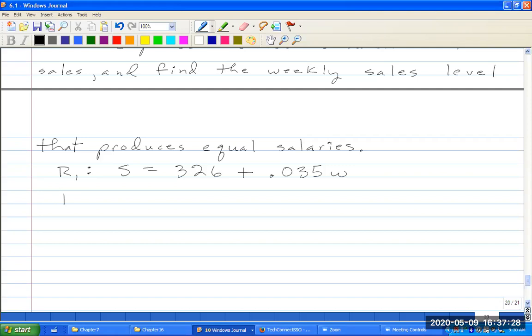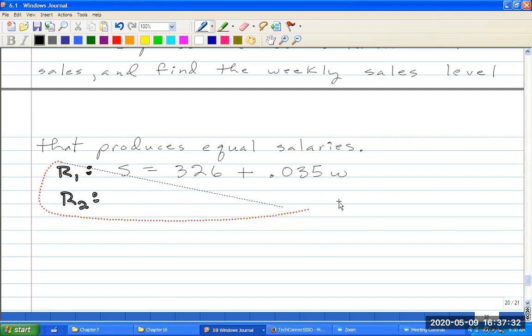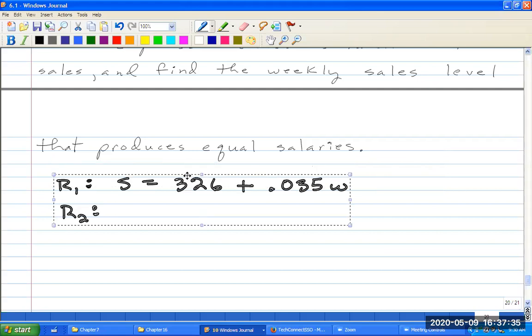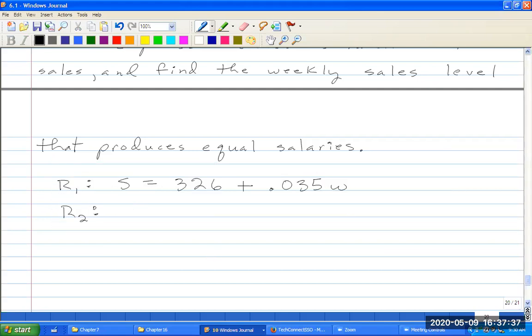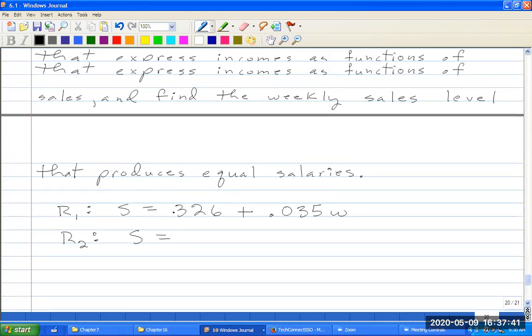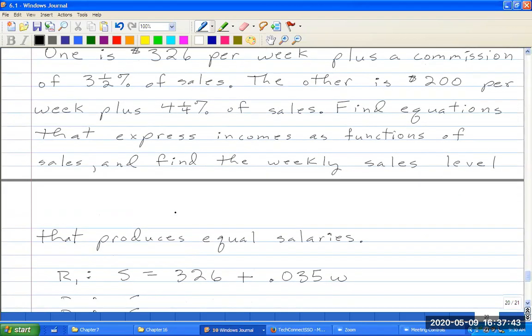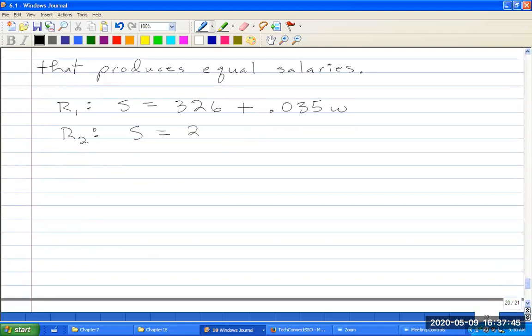Next, the salary is equal to, well, $200 plus 4.25. So this is 4 1/4% of the weekly sales.